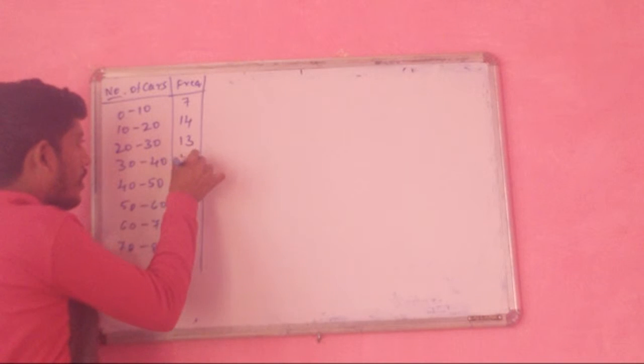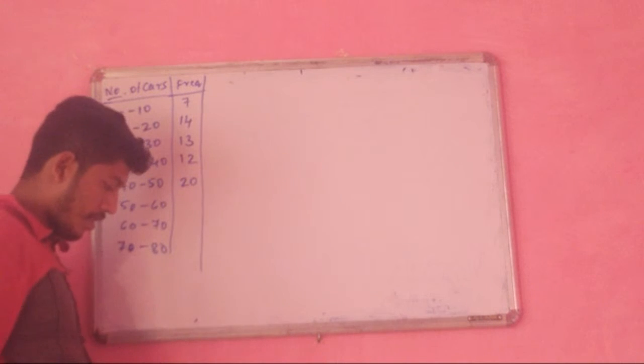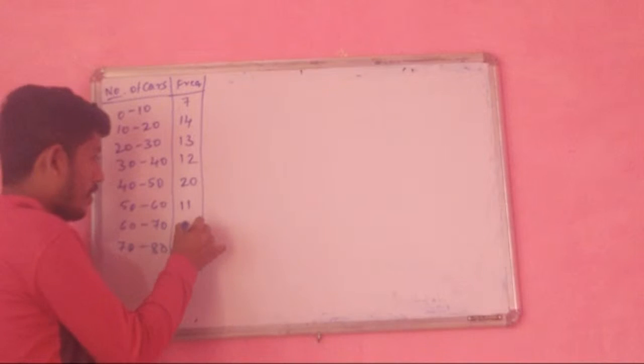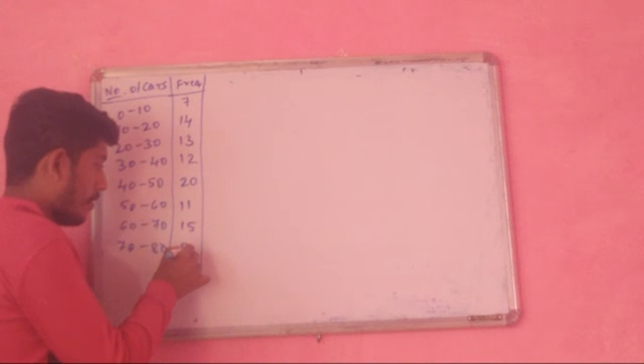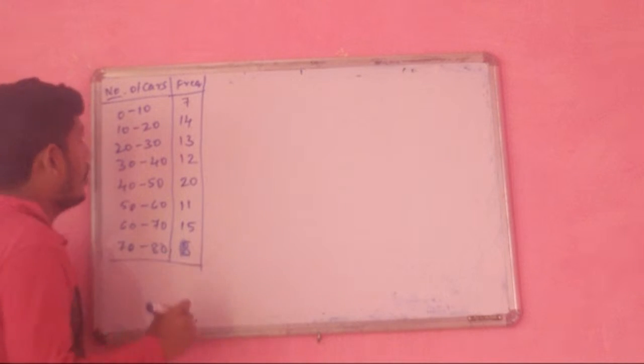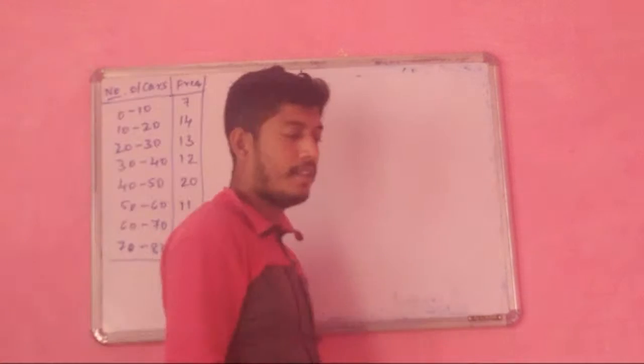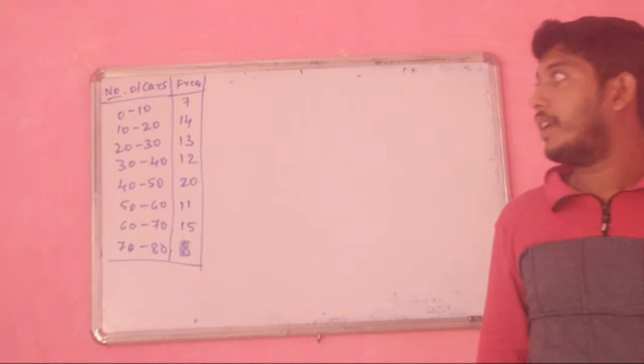Frequencies are 7, 14, 13, 12, 20, 11, 15, and then 8. So these are the number of cars, that is class interval, and the frequencies.